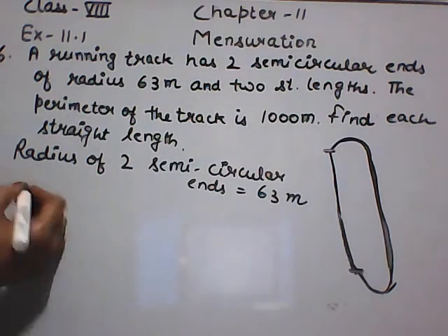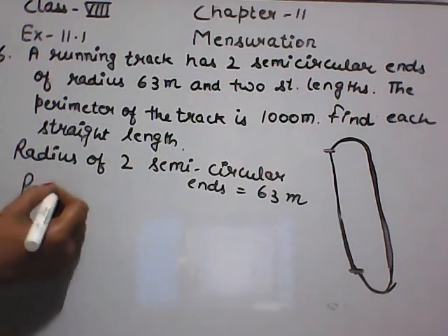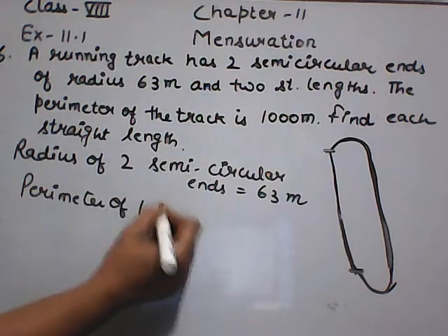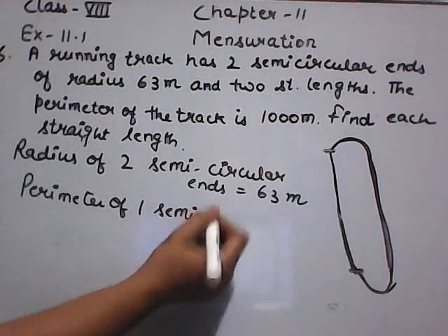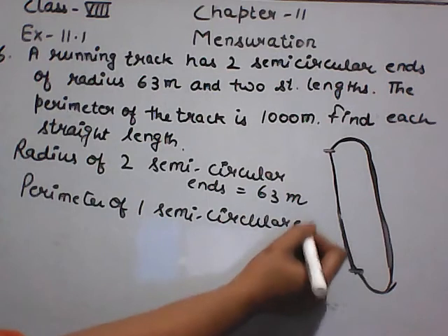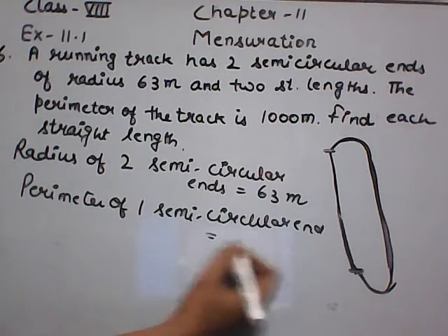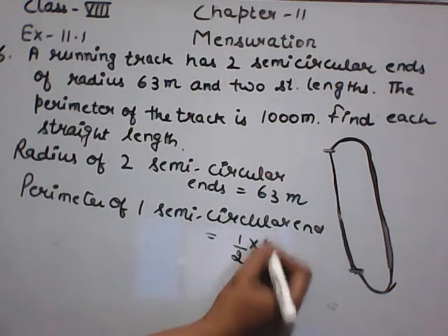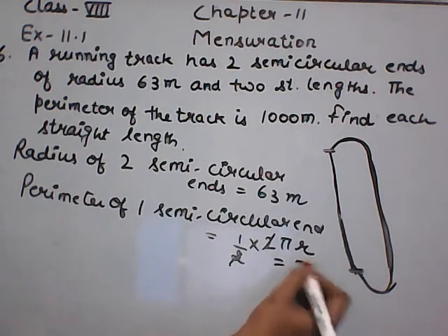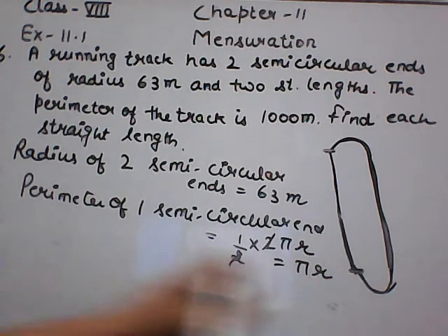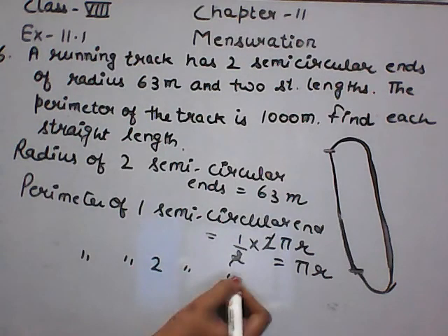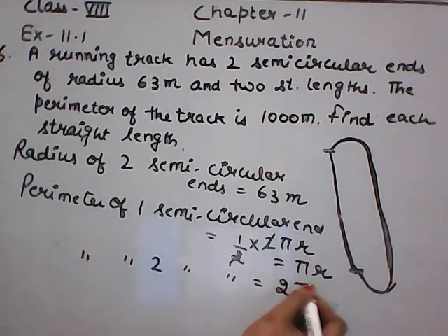Now the perimeter of one semicircular end is half into 2 pi r. 2 is cancelled out with 2, it is pi r. Now the perimeter of two semicircular ends will be 2 pi r.